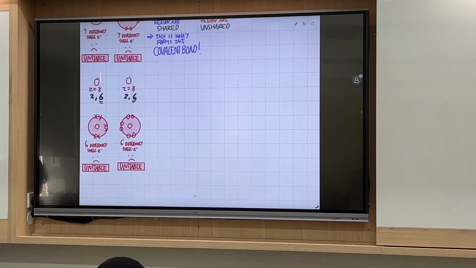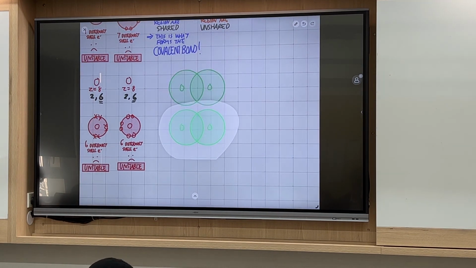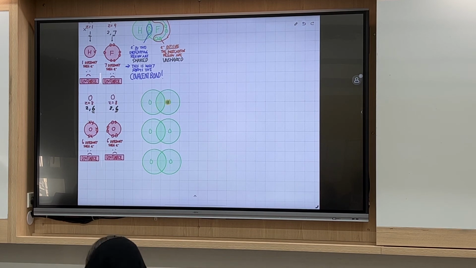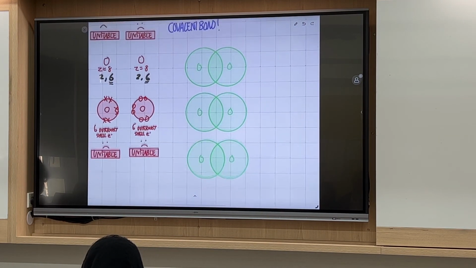Let's explore the different options here. So I have 2 O's. A lot of students will ask, how many electrons do I put in the shared region? How do I decide? Well, let's try.